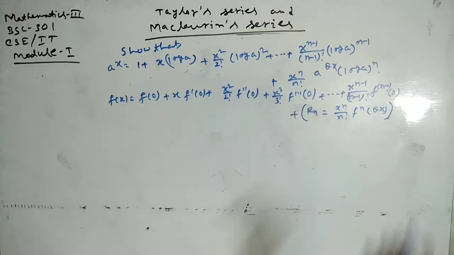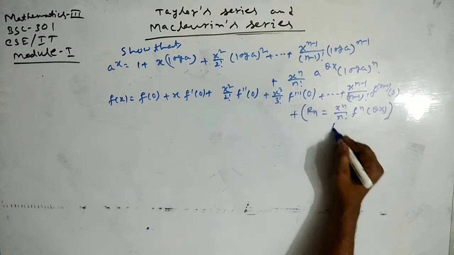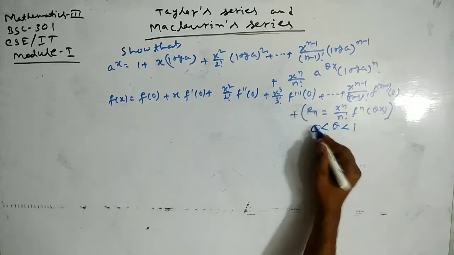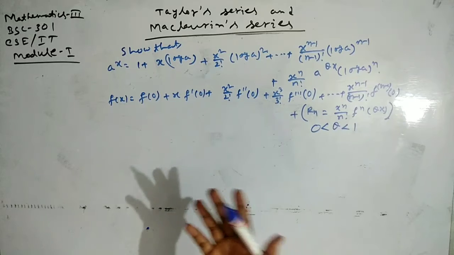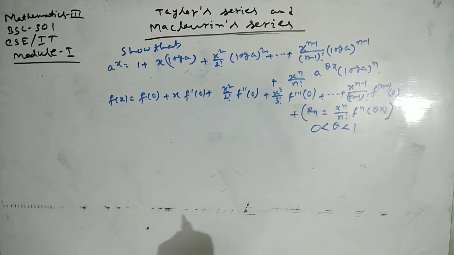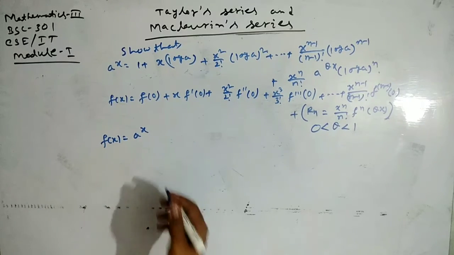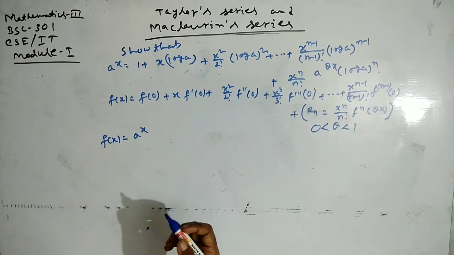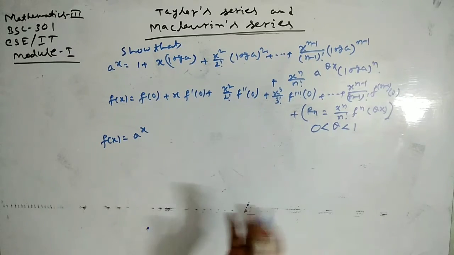We have taken the Lagrange's form of remainder, okay, where 0 is less than theta less than 1, theta lies between 0 and 1. So now we just have to find these values and put in this expansion, then I think we'll prove this. Okay, so for that the function is f(x) is a to the power x, so for that we have to find the derivative of the nth order as well as first order, second order, up to nth order.